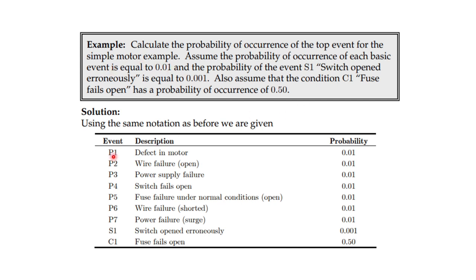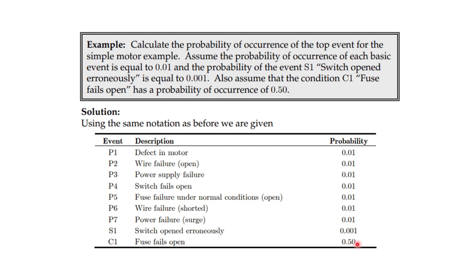So that's why from P1 to P7, we have 0.01 probability. And the probability of S1, or the switch opened erroneously, is equivalent to 0.001 here. Okay, and also assume that the C1 fuse fails to open has the probability of occurrence of 0.5 here.